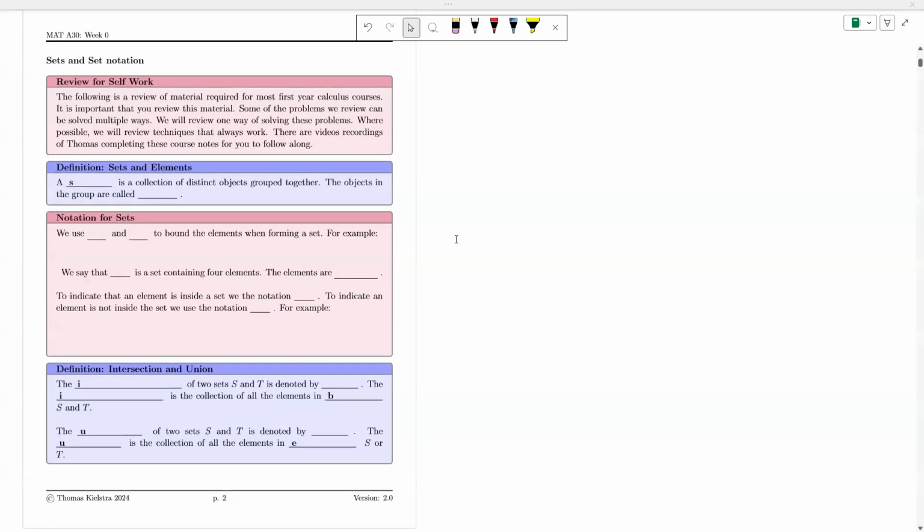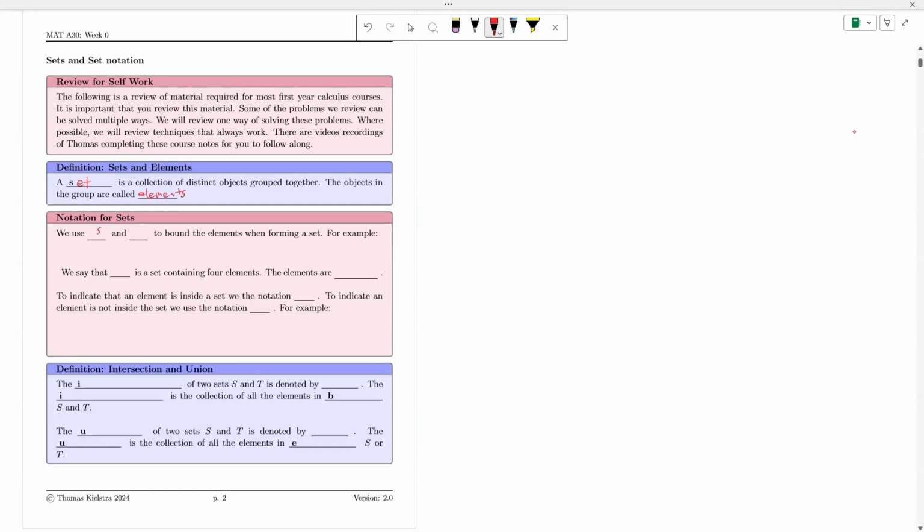We are going to start with sets and set notation. Now, sets are a new topic. A set is a collection of distinct objects grouped together. The objects are called elements.